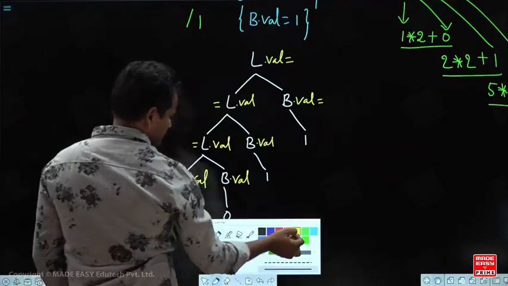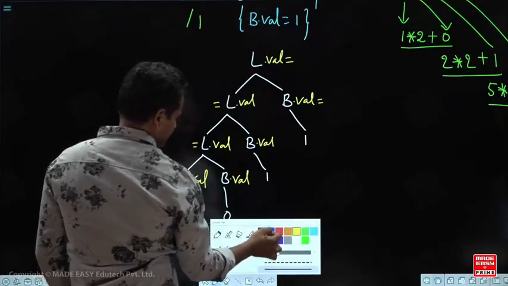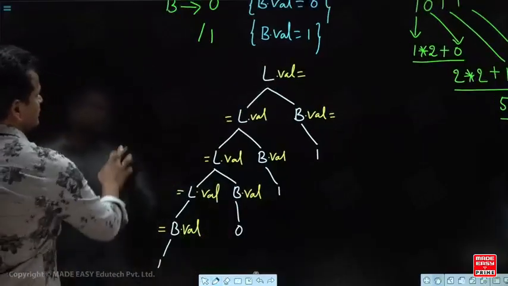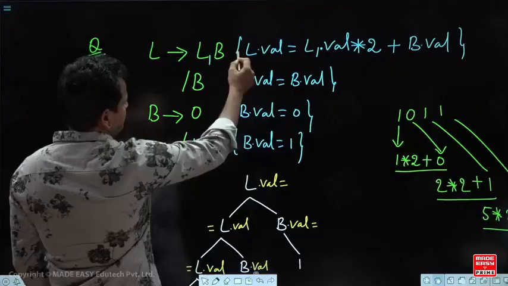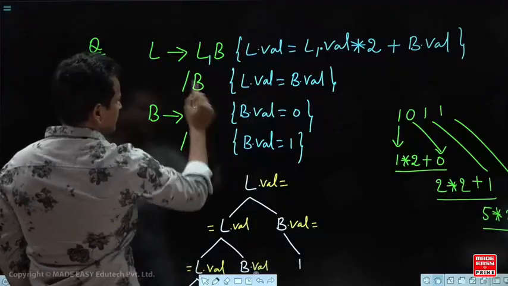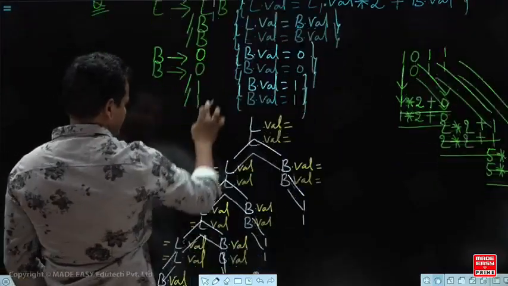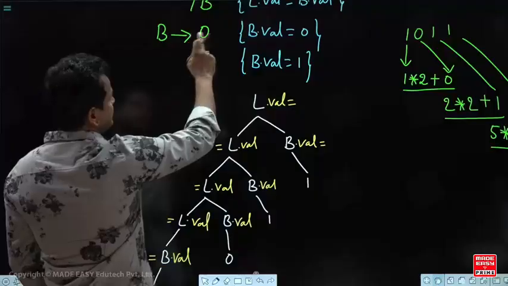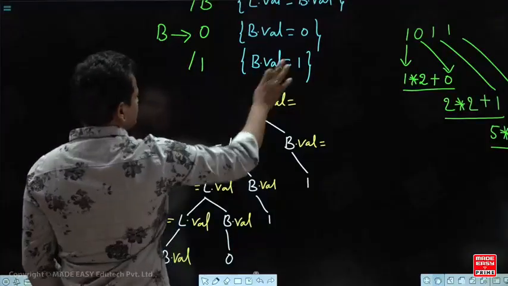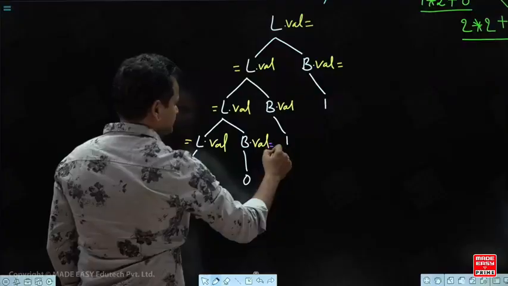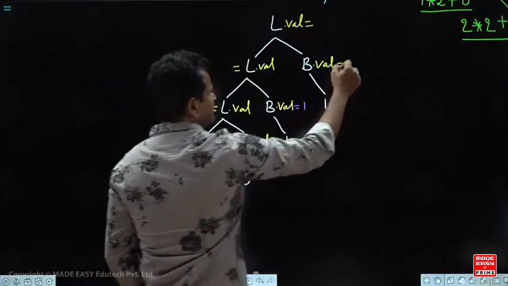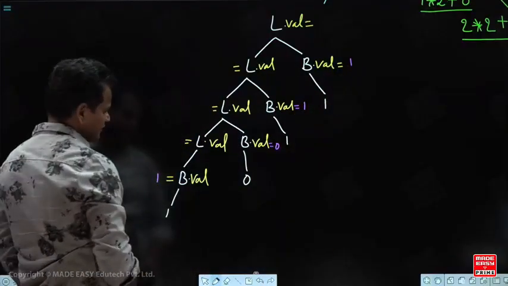Now we'll go for evaluating this. You know that we are finding every time the parent L, parent B, and moreover B derives 0, B dot value is 0, B derives 1, B dot value is 1. Here B dot value is 1, here B dot value is 0, here B dot value is 1, here B dot value is 1. Okay, I am going for evaluating.